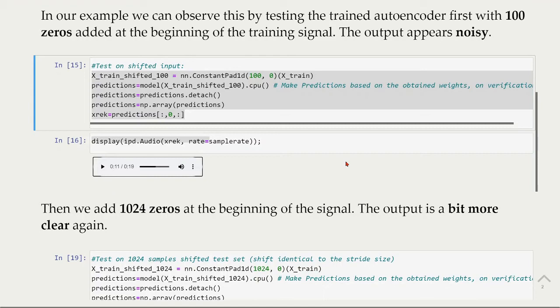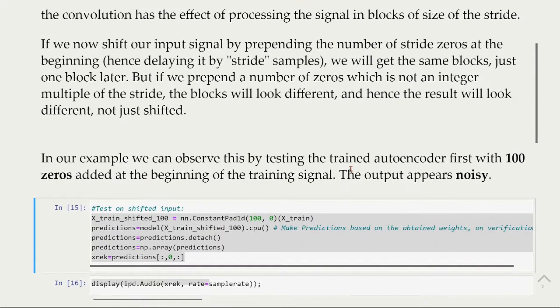So we clearly see the effect of having these blocks starting at different points, and how it affects the output of our model.